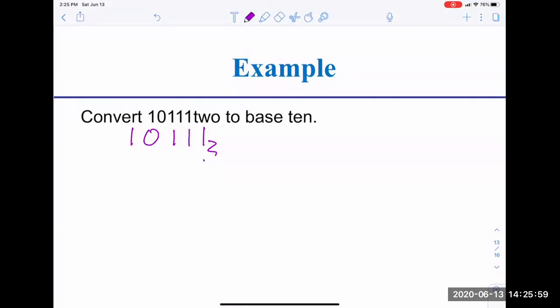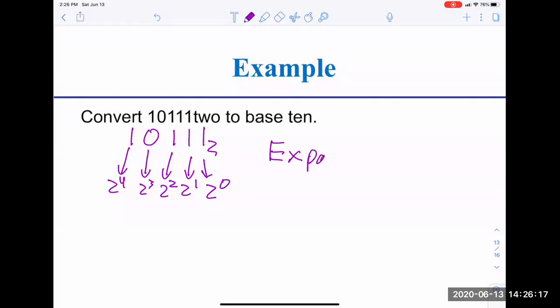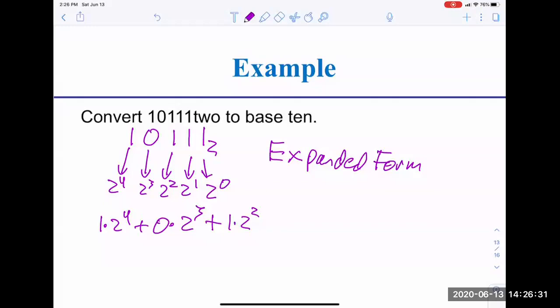Let me just do this way. 2 to the 0, 2 to the first, 2 squared, 2 to the third, 2 to the fourth. So again, I'm going to use expanded form. One times 2 to the fourth, 0 times 2 cubed, and so on. Notice just ones and zeros.